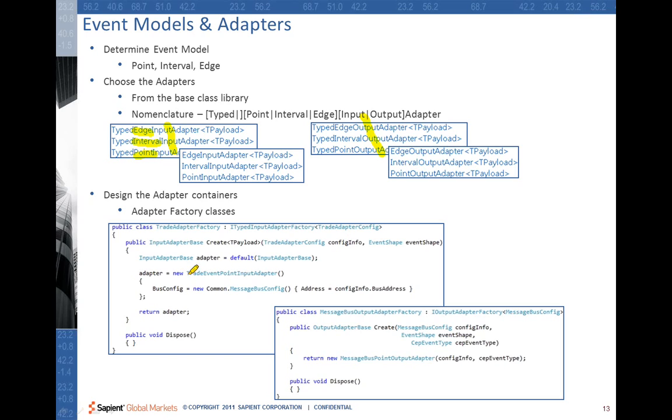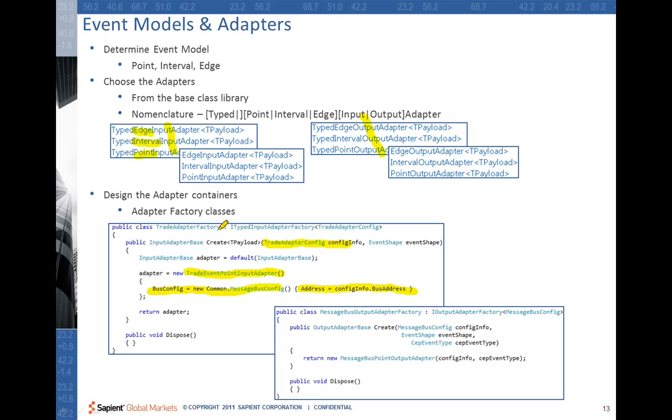So if you look here, we are creating a new instance of trade event point input adapter, which is what we had in the previous slide, and we are passing a bus config, and we are passing some addresses. This address, if you look at the config info, is actually passed as part of the trade adapter factory.